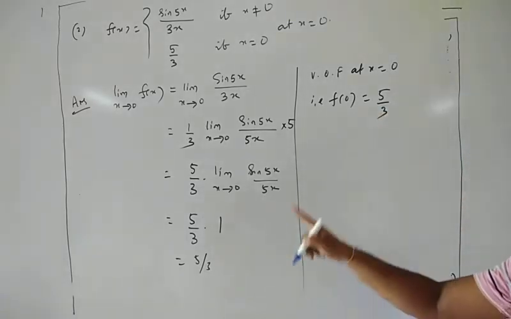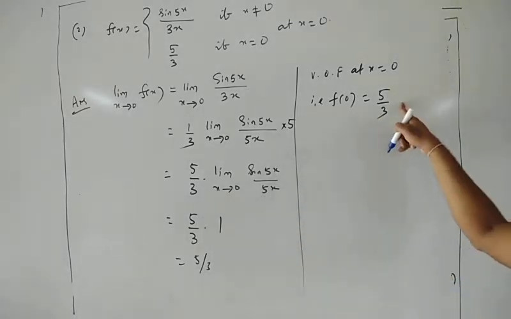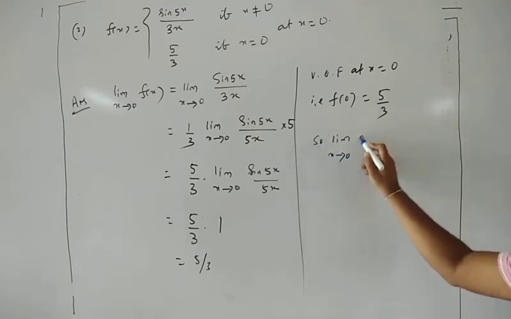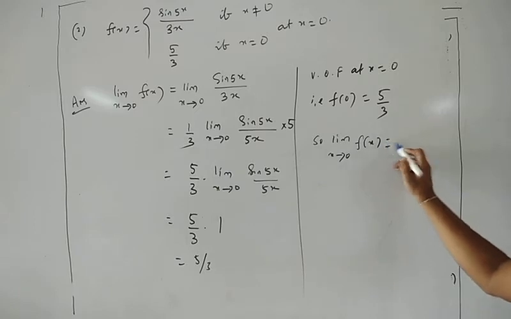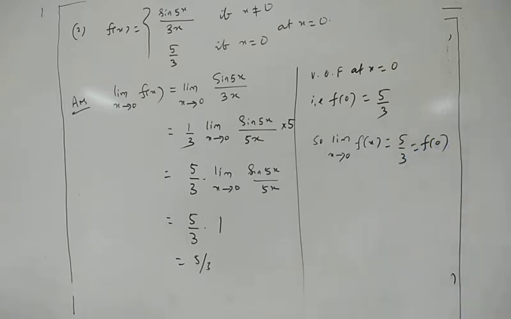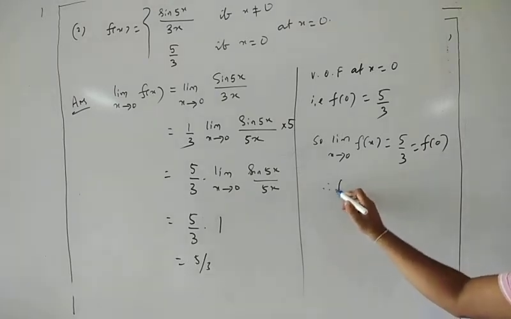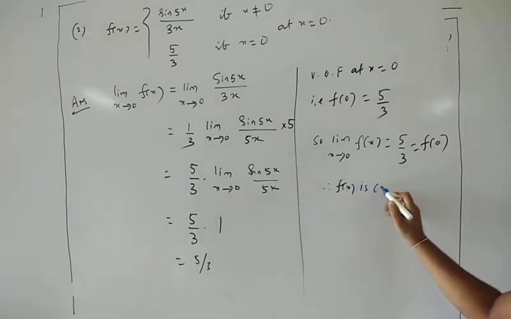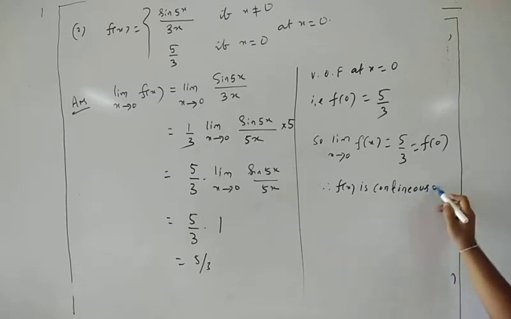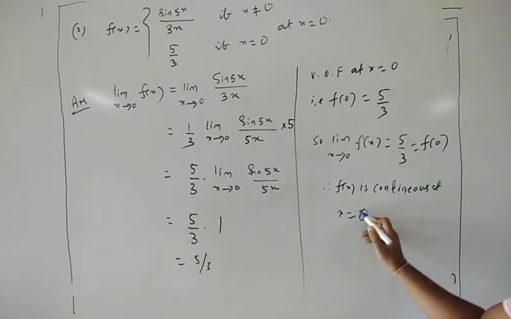The limiting value is 5 by 3 and the value of the function is 5 by 3. So the limit as x tends to 0 of f of x is 5 by 3, which is equal to f of 0. So f of x is continuous at x is equal to 0.